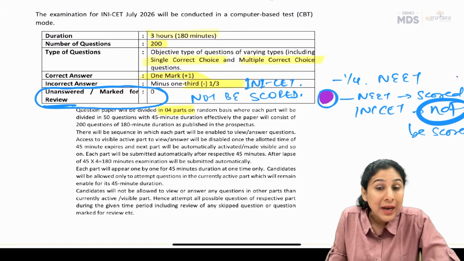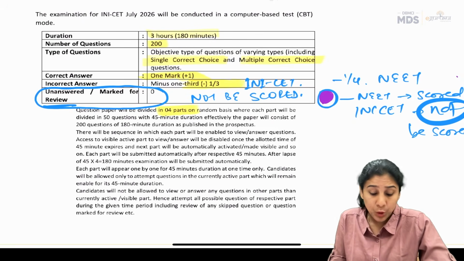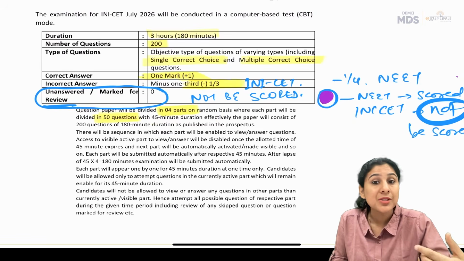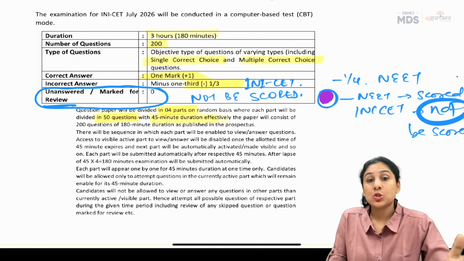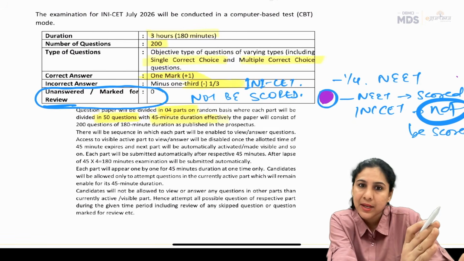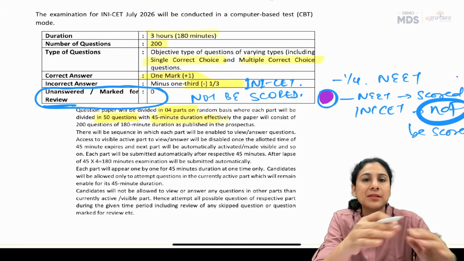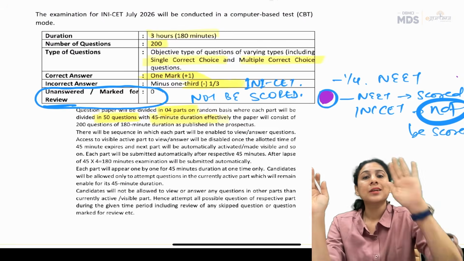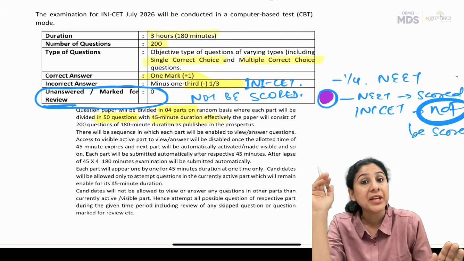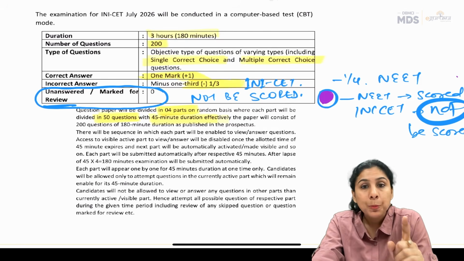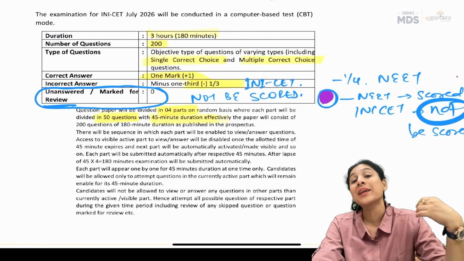There will be 4 parts in the paper. Every part will have 50 questions and every part will have 45 minutes. So part A will start at a set time. 50 questions, whether you finish early or finish late, doesn't matter. At 45 minutes, the section will automatically change to part B. You have no option of going back to section A and making any changes.